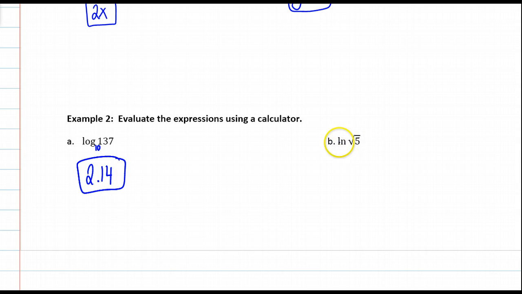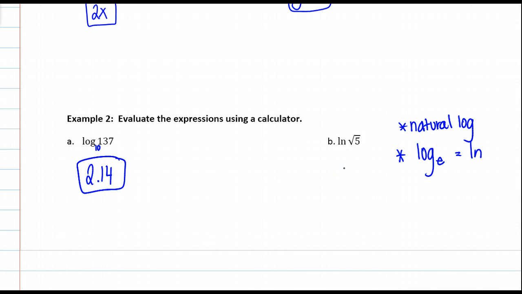And then we have this ln here. This is a natural log. All it means is a log base e. Right? The natural number is e, which we've talked about. So if there's a base e, we don't write it as log base e, we write it as natural log.